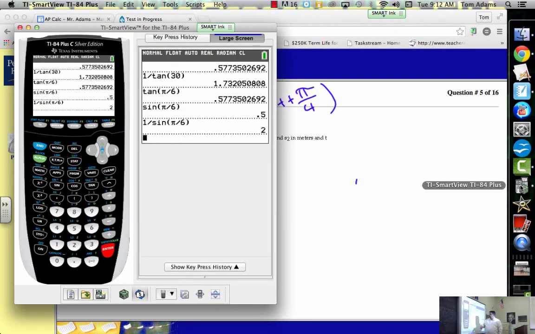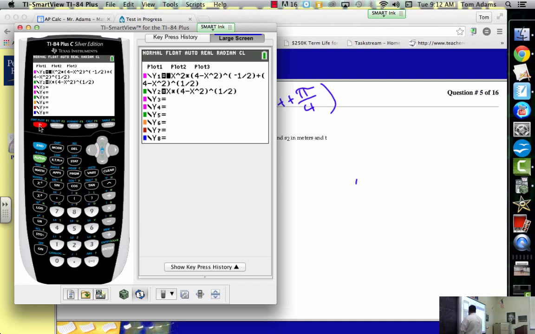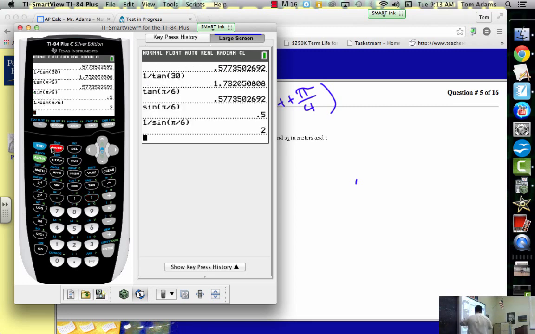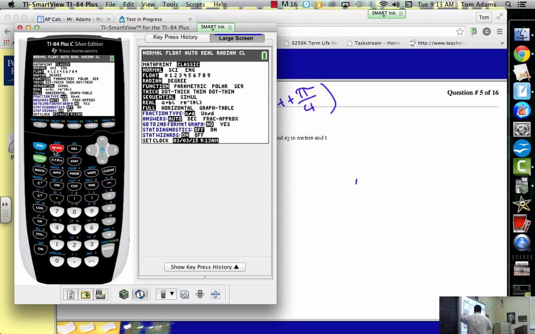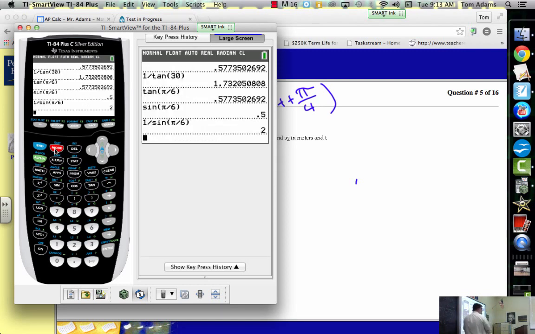If I graph sine of x, and then sine of x plus pi over 4, what do I need to double check on my calculator before I graph this? That it's in radians. So I check to make sure it's in radians, and it is.